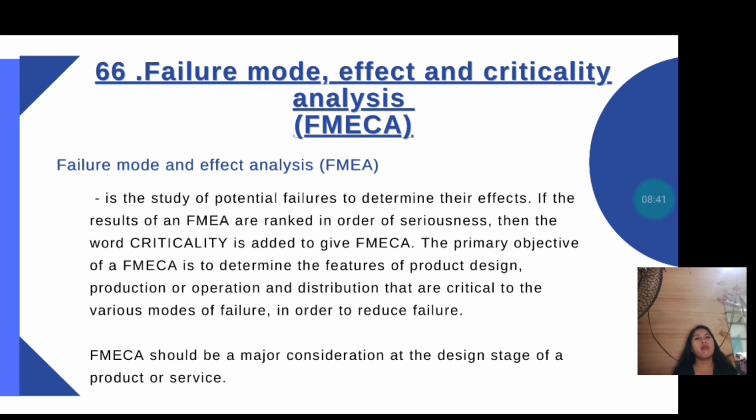The primary objective is to identify the production or operation and distribution modes or failures that are critical, in order to reduce failure. So kani nga process is they should determine the failing products and what is the effect of this on the business.